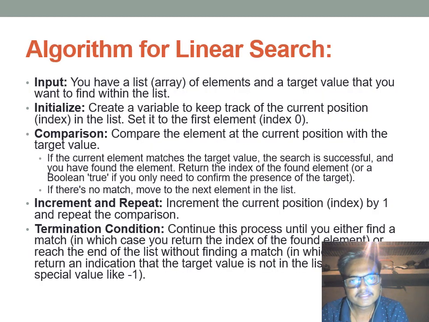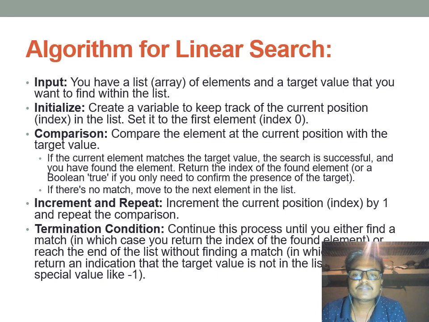Algorithm for linear search. First is input: you have a list of elements and a target value you are looking for. Second is initialize: initialize a variable to keep track of the position of an index in the list, which starts from index number 0. Third, compare the element at the current position with the target value.